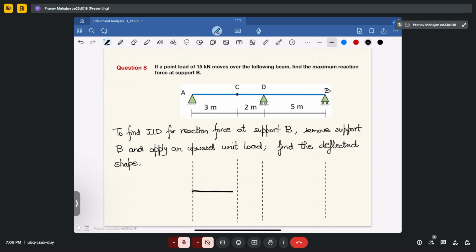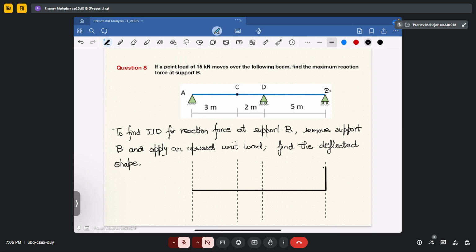So if we provide a unit displacement to support B, so let's say this is your unit displacement for support B. Okay, so now in this case your deflection at this point will be 0.